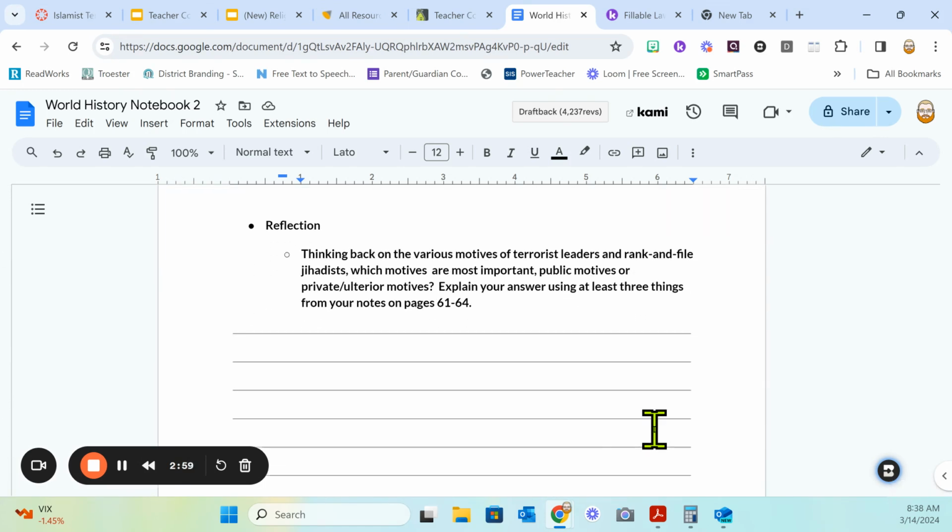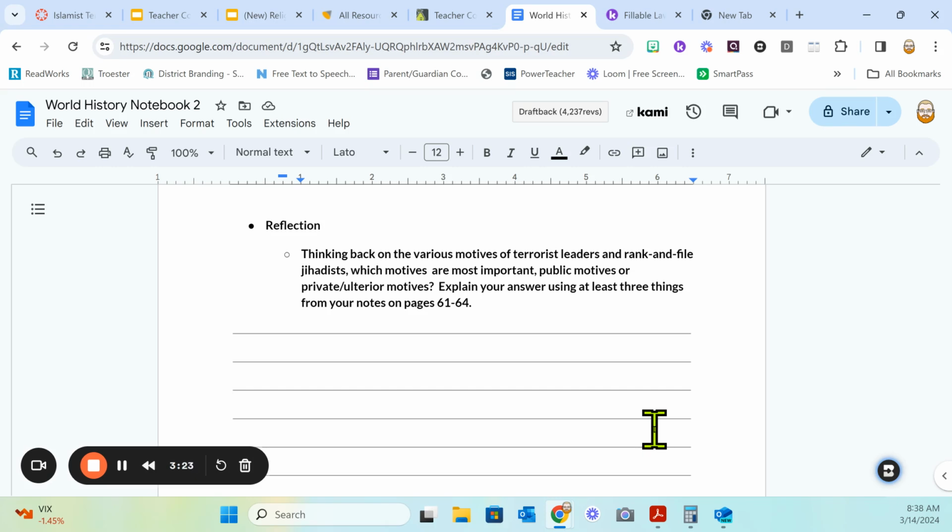When you have completed your lists, I want you to think about what you have completed in those notes, but also think back to the notes from class about the public motives of the leaders and the rank and file jihadists. To answer this reflection question, which motives are most important, public motives or private/ulterior motives?